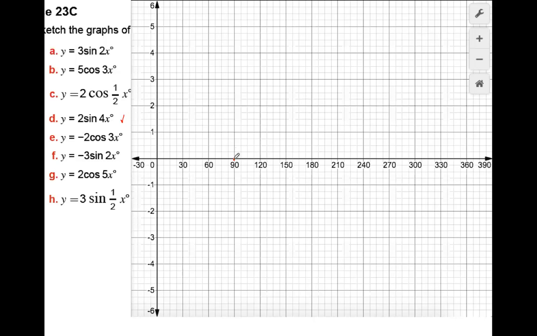So I'm going to have to cut here, and that's going to be one of them. And because my amplitude is 2, I need to go up to 2.